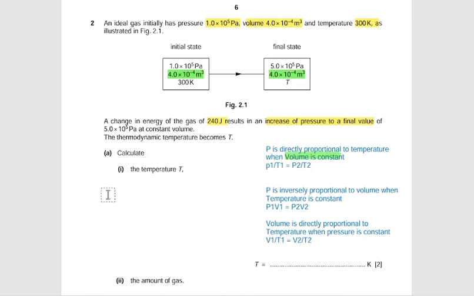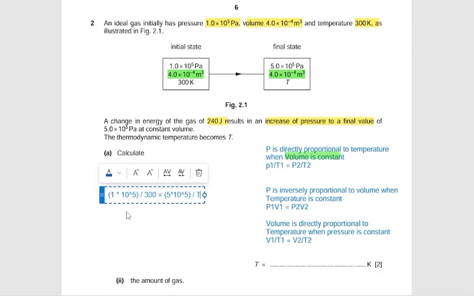Then simply you have to write pressure 1, we can assume this as pressure 1. So we will write 1 into 10 raised to the power 5 divided by temperature 1, which is 300 Kelvin, and that is going to equal to pressure 2, which is 5 into 10 raised to the power 5 divided by capital T. Now all you have to do is simply cross multiply.